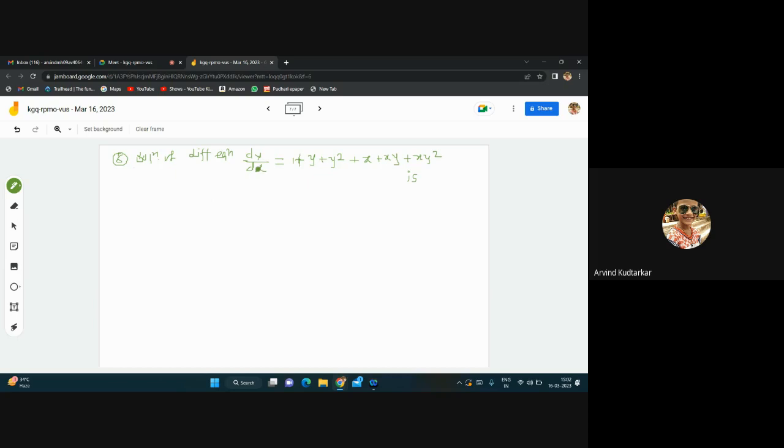Okay, see here, so actually this will be variable separable. How is it variable separable? Yes, the terms are given in the form of powers and it is possible to express them as factors. So how to express them in the form of factors? So dy by dx is equal to.